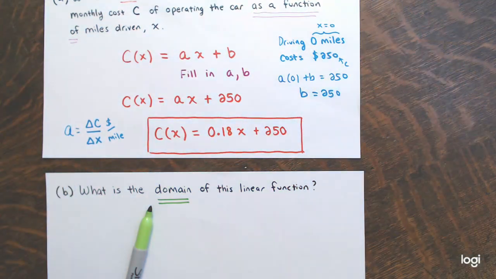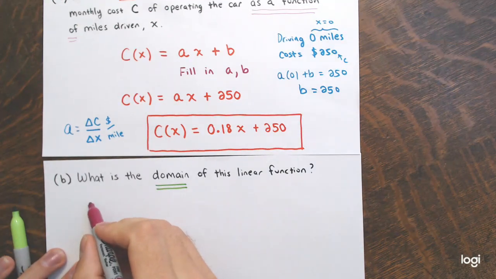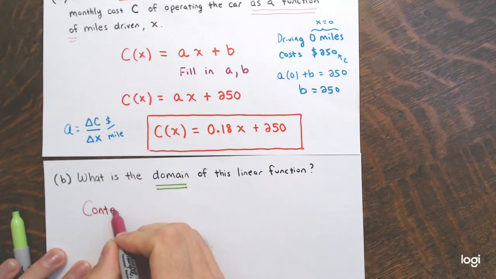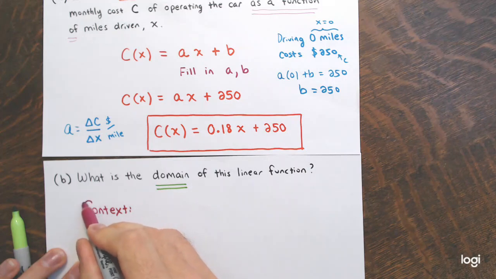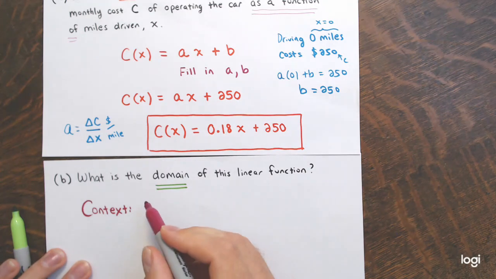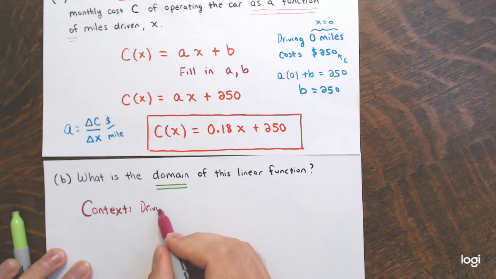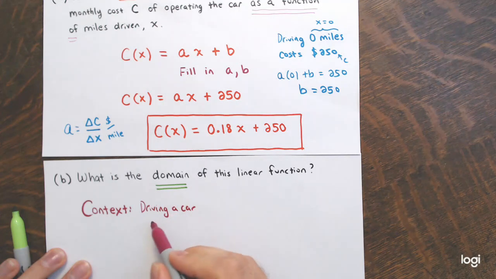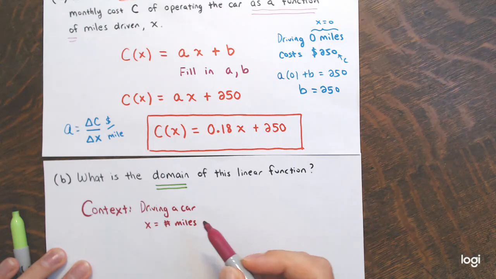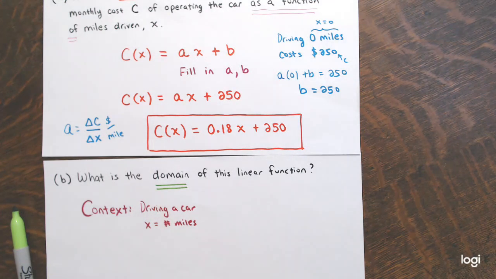But this is a word problem. This is an application problem. You have to take into account the context of the problem. These numbers have meaning now, and this is driving a car. Remember that X is the number of miles driven. So when I ask what values can I plug in for X, it's what values make sense to plug in for X. Does it make sense to plug in negative numbers here?